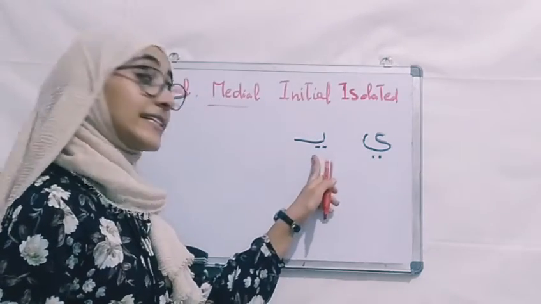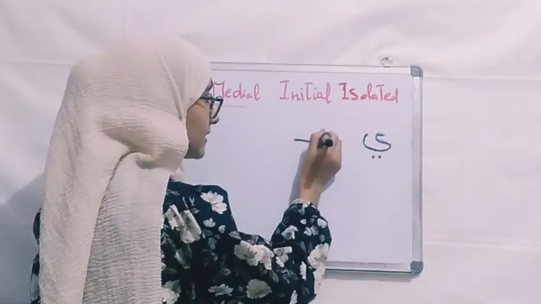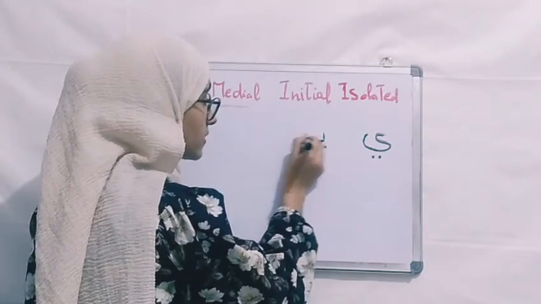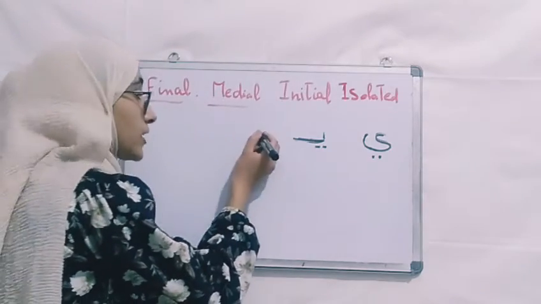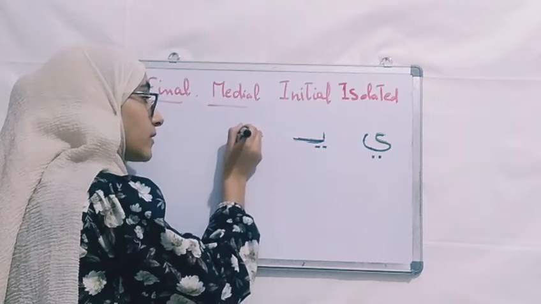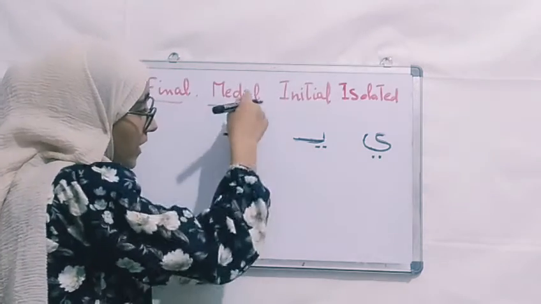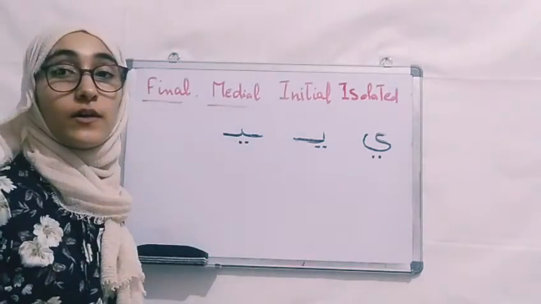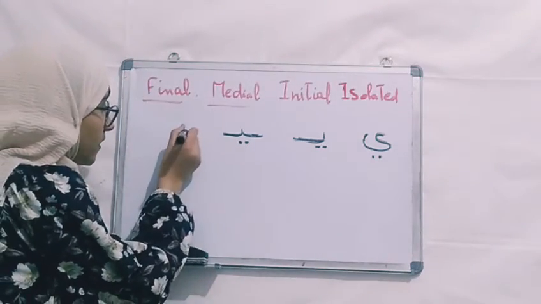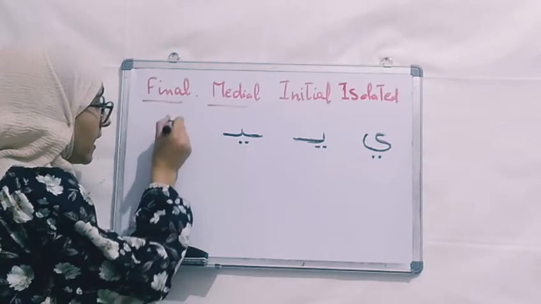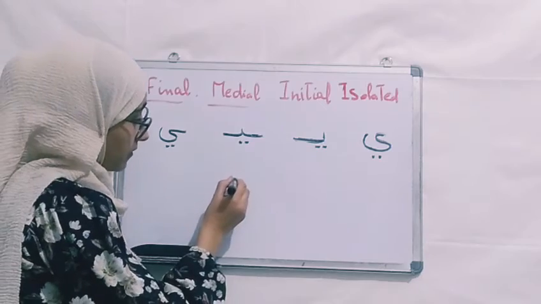You have to put two dots underneath it, and you have to keep it straight. In the middle form, you keep the connecting line, then you write ya, keep it straight, and put two dots right underneath it. In the final form, we have the connecting line, then we write ya as the isolated form.